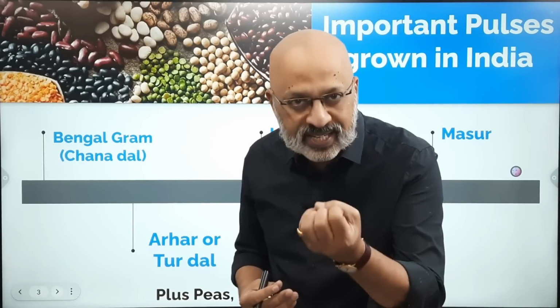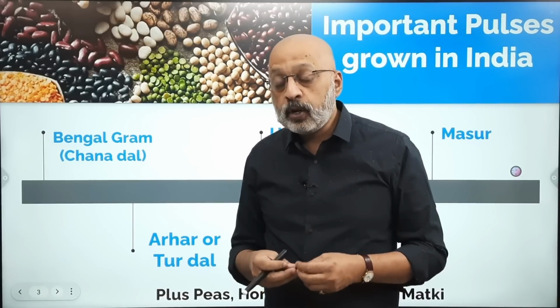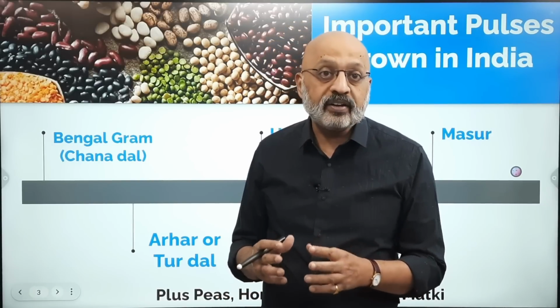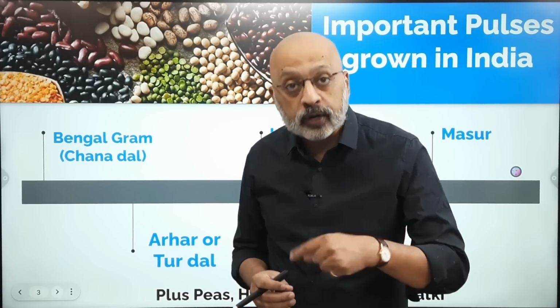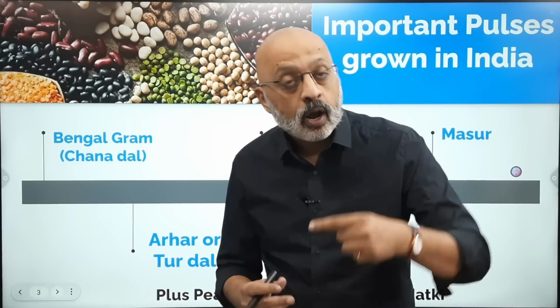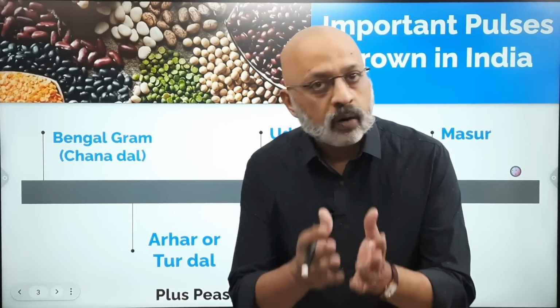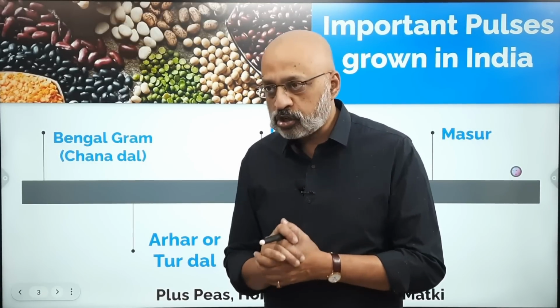So pulses are leguminous crops which have seeds in pods, belonging to the pea family. They have root nodules that contain symbiotic bacteria to fix nitrogen. They thereby help in increasing the fertility of the soil, and therefore they are rotated with other crops to maintain or restore the fertility of soil. So that's how you should write an answer which would get you 1 mark or 2 marks, jitne bhi marks ka question hoga.